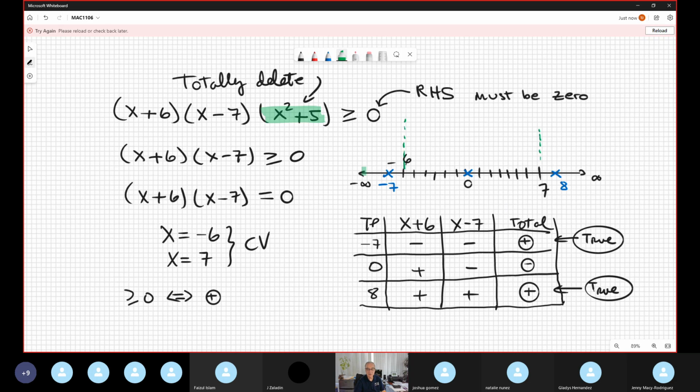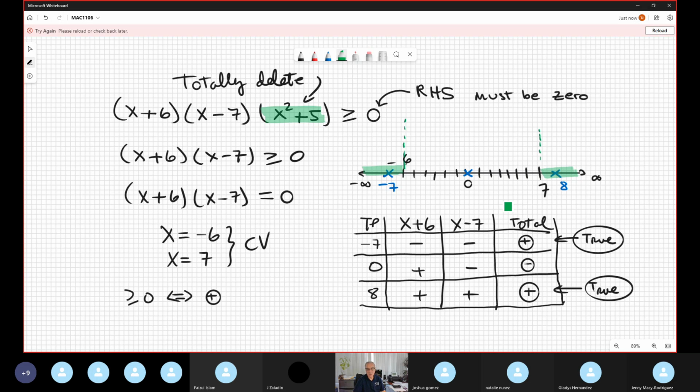So negative 7 passes. Positive 8, yes. 0, no. Of course, you highlight the interval from the endpoint, which is the critical value. Because the testing point, one guy in the middle of this interval, can give me the information for the behavior.